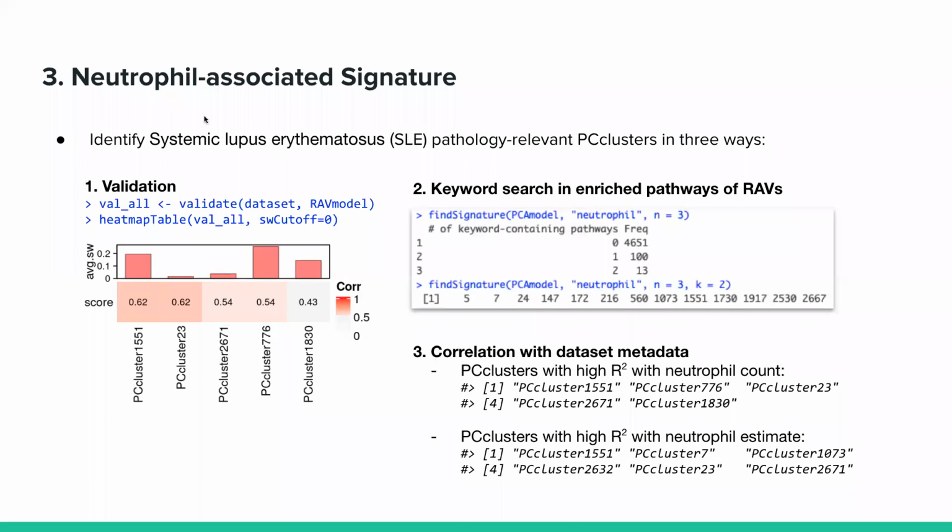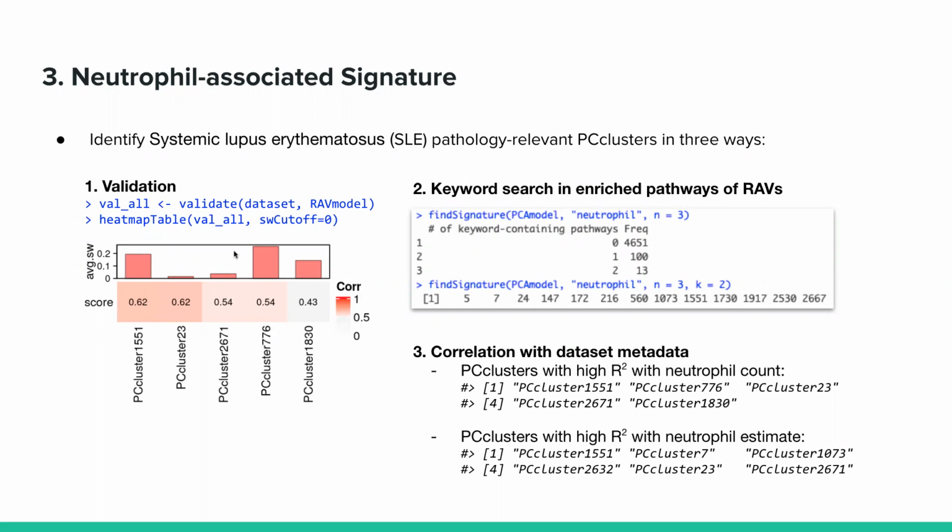This second example, the neutrophil-associated signature, is an example that was taken from the MultiPLIER paper in a study of systemic lupus erythematosus.